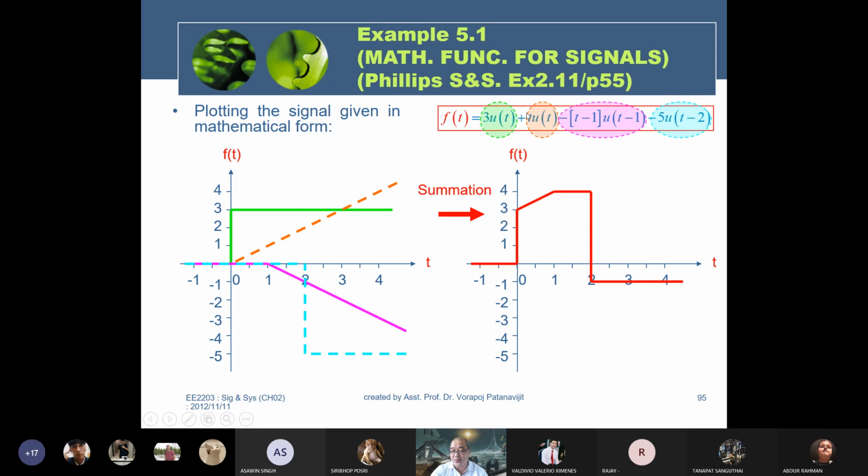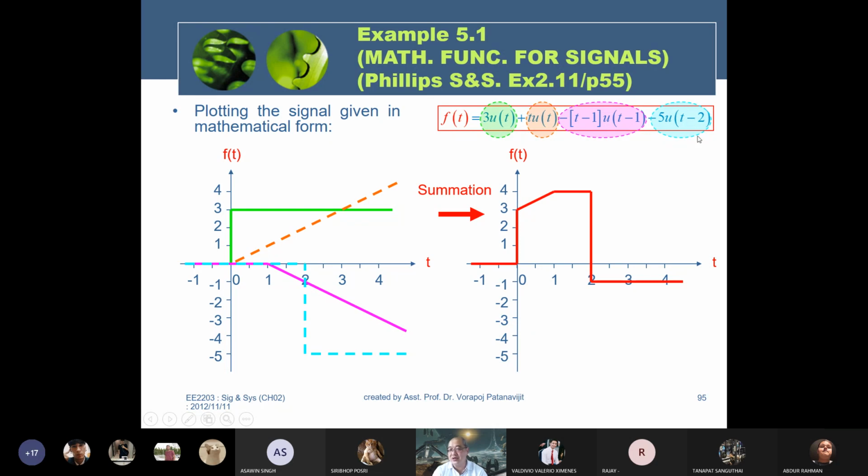How to split them? You split them by using the addition or subtraction operator. If they are multiplied, it is not necessary to extract them; use them as a whole piece. tu(t) multiplied is the same function. (t minus 1)u(t minus 1) is the same function. 5u(t minus 2) is the same function.